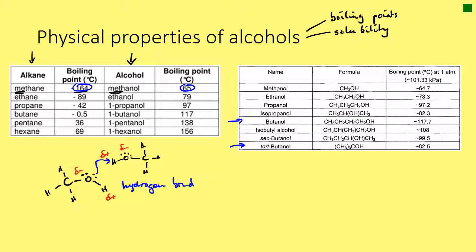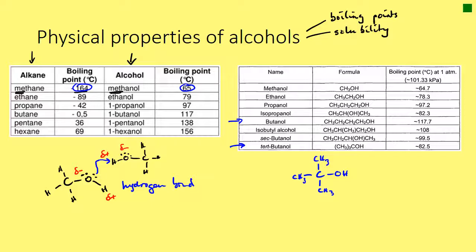But tert-butanol is going to look like this. We've got our alpha carbon attached to our hydroxyl group, and then we've got three CH3 groups hanging off the carbon there.